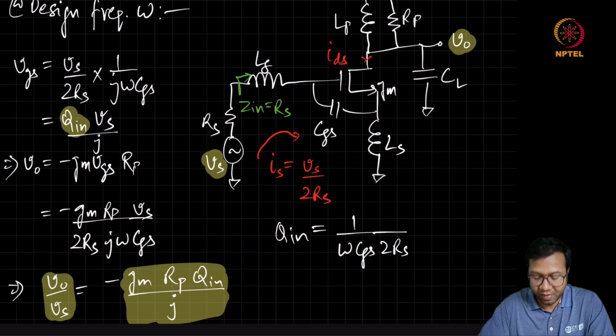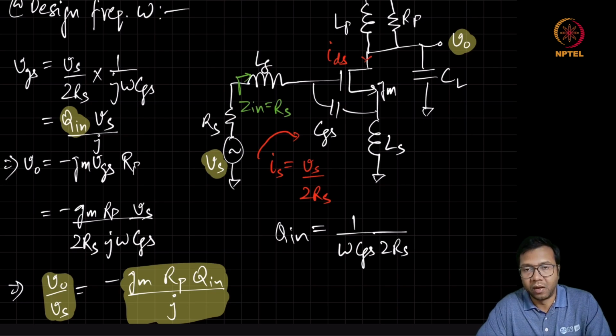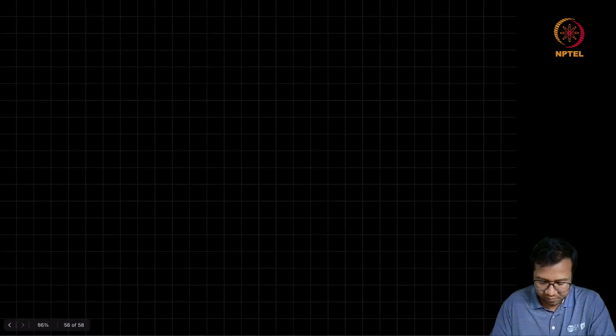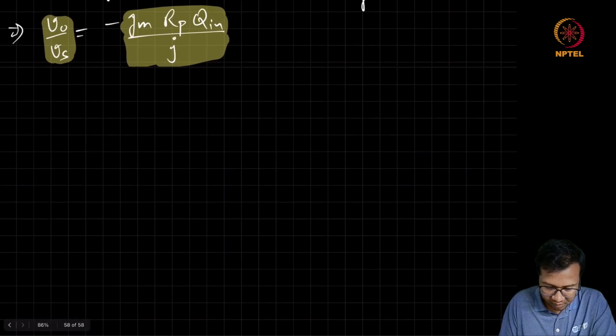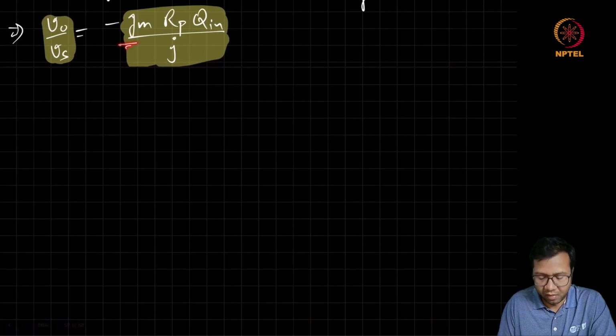So this extra passive amplification is going to increase the overall gain, and we can also expect it will improve the overall noise figure. This gain can be pretty high by choosing a high value of GM RP and Q.